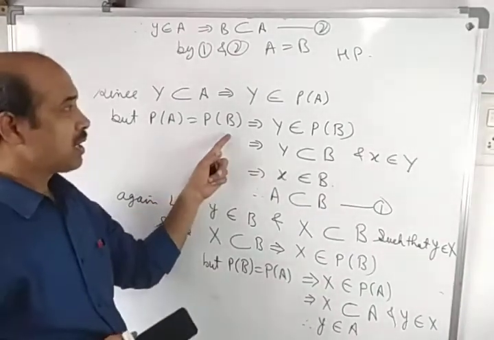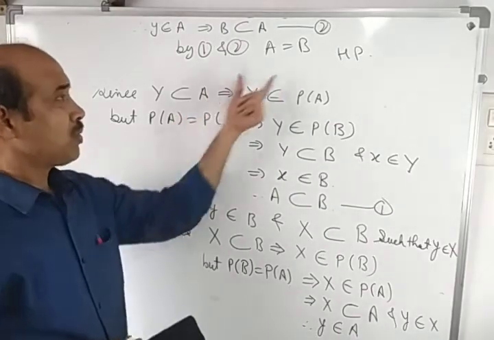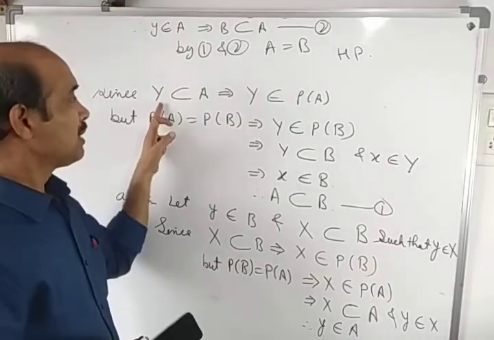Here we have to understand one thing: since we have to prove set equality, we take an element in the set.